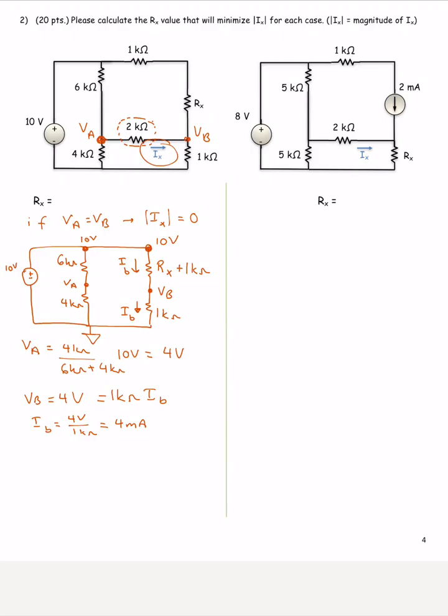And IB also relates to the voltage difference across the combination that we have made. So IB times Rx plus 1 kilo ohm equals the voltage difference across that combination, which is 10 volts minus VB.